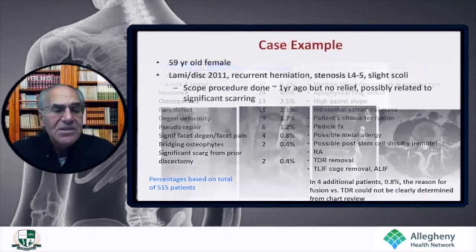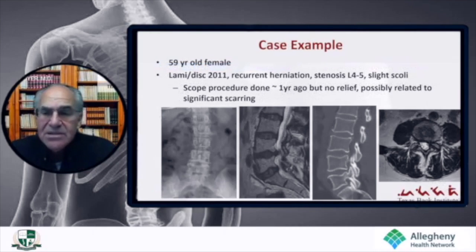So in this case example, this was a patient that, if you look at the x-rays, had very, very deep, almost Schmorl's node at the L4-5 level, and she had a previous lami disc at that level. She had some stenosis, she had a slight scoliosis, and she had a scope procedure done as well.